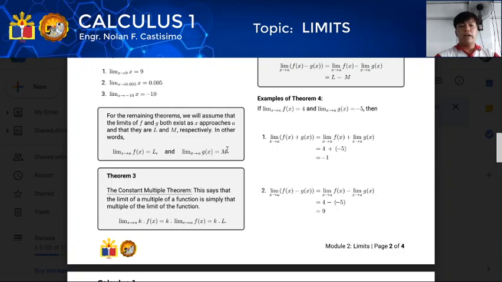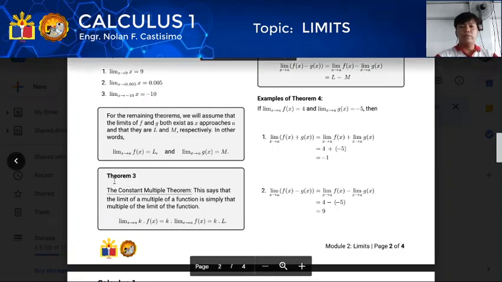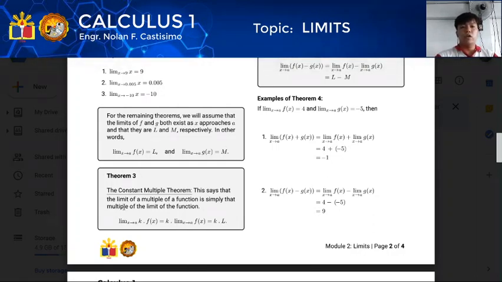Next, we have the Theorem 3, or also known as the constant multiple theorem. So, this says that the limit of a multiple of a function is simply that multiple of the limit of the function. Yan. So, yan si Theorem 3.